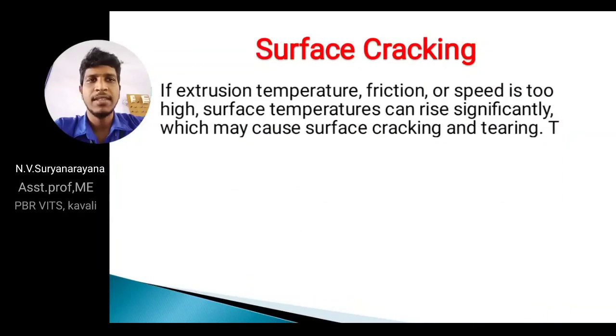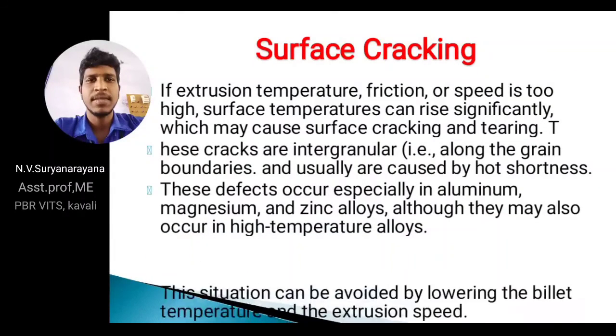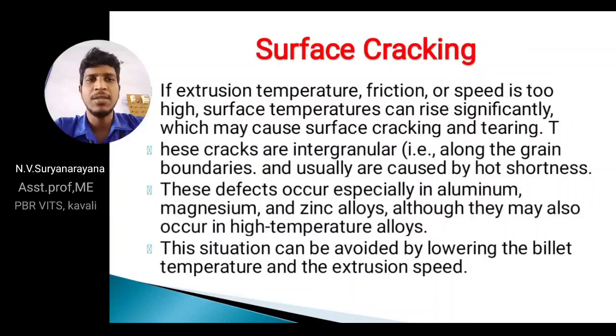Surface cracking, that means the cracking occurs if extrusion temperature, friction or speed is too high. Surface temperatures can rise significantly, which may cause surface defects or surface cracking and tearing. The defects occur especially in aluminum, magnesium, zinc alloys, and they may also occur in high temperature alloys.